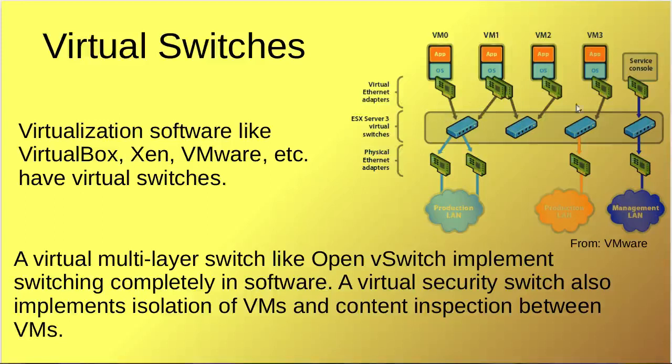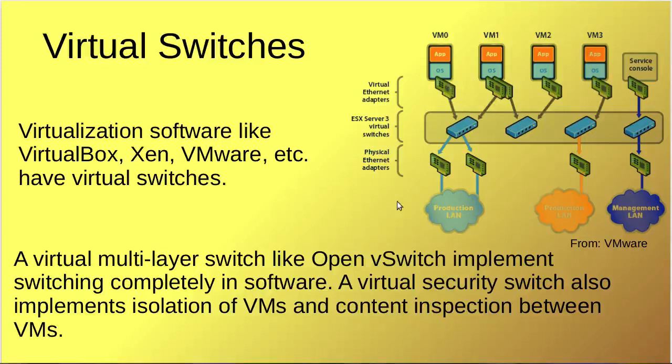You have a virtual switch to which you connect various virtual machines that you're running on your system, and they have what looks like, or is treated like, a network interface card, a NIC, but it's actually just software running in memory, and you're not connecting these things via cables.